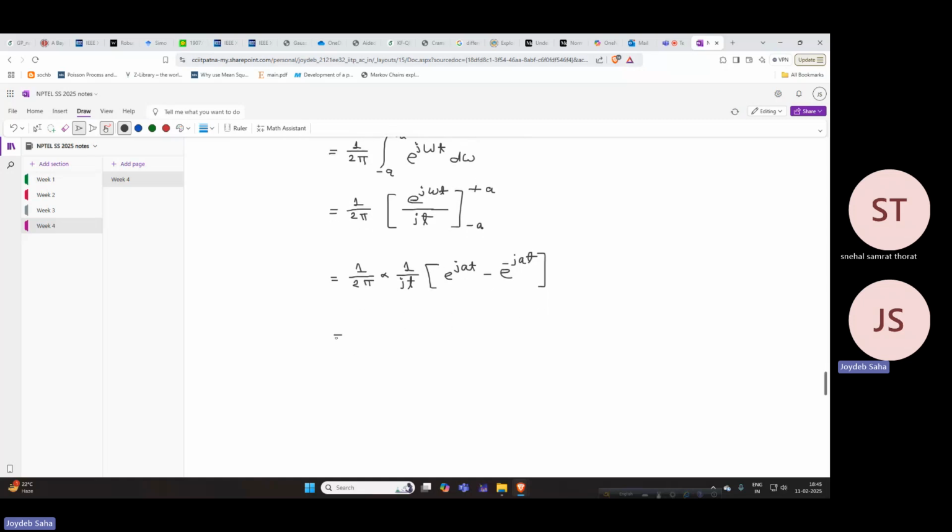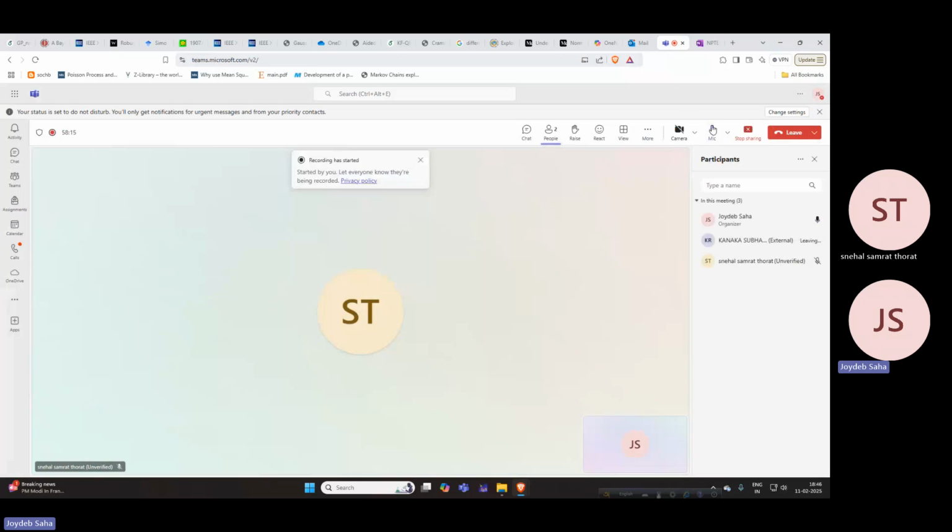So we can rearrange it like 1 upon pi t. We will try to solve it.